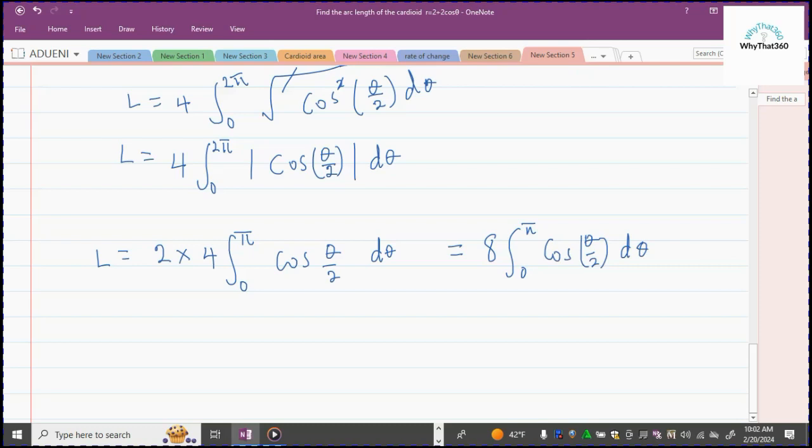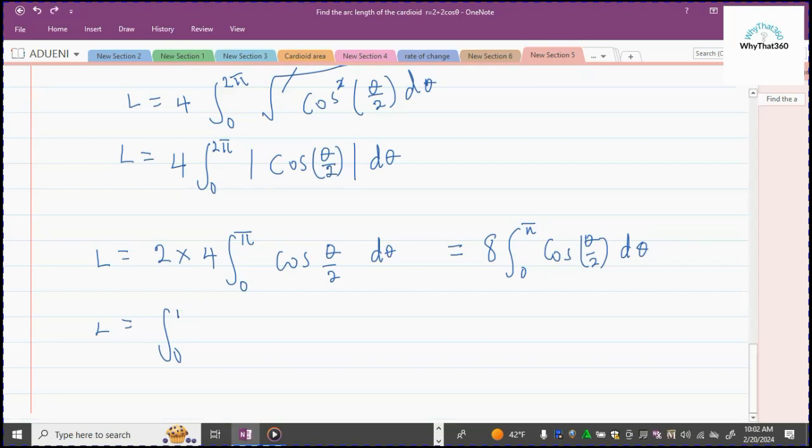Continuing, the length will be equal to 8 times the integral. Now we are going to integrate cos theta divided by 2, and if we are integrating, then we don't need the integral sign.